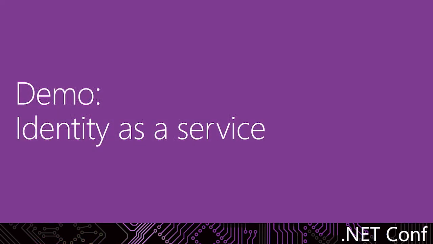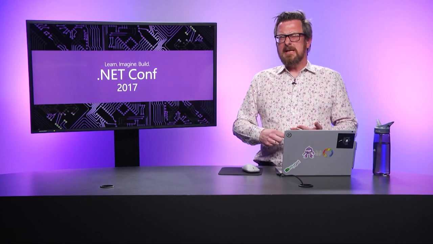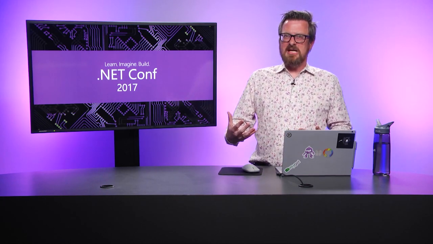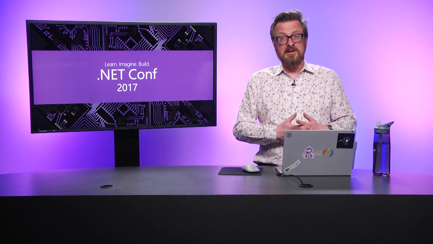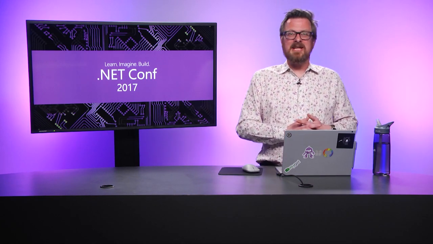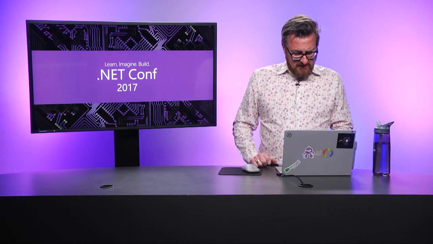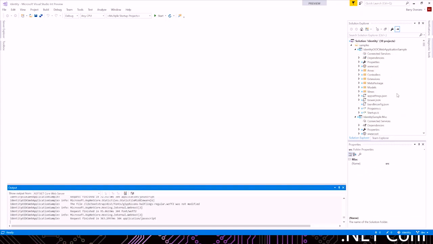So I want to demo identity as a service, and this is one of those demos where I have to keep my fingers crossed, because I have basically cloned the identity repo, made sure I have the right daily build of the runtime on my machine, and then I'm going to run the test websites and WPF applications that we have. There are days where this works, there are days where it doesn't. So I took a rubber chicken and sacrificed it to the demo gods, and we will see how this goes.